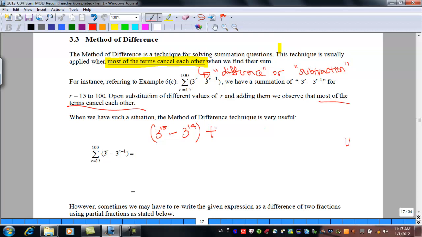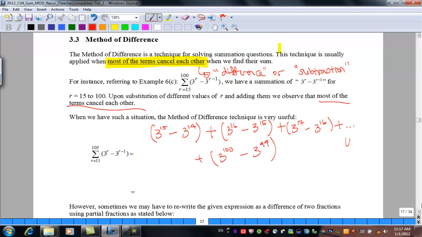And I will have to add 3 to the power of 16 minus 3 to the power of 15. I have to add 3 to the power of 17 minus 3 to the power of 16. So on and so forth, up till I get to 3 to the power of 100 minus 3 to the power of 99.